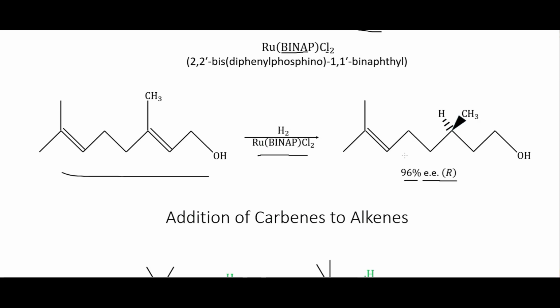a product that has that same chirality, or at least has a more pure chirality. This might seem like just another gee whiz curiosity, but this is actually extremely important for things like pharmaceuticals.